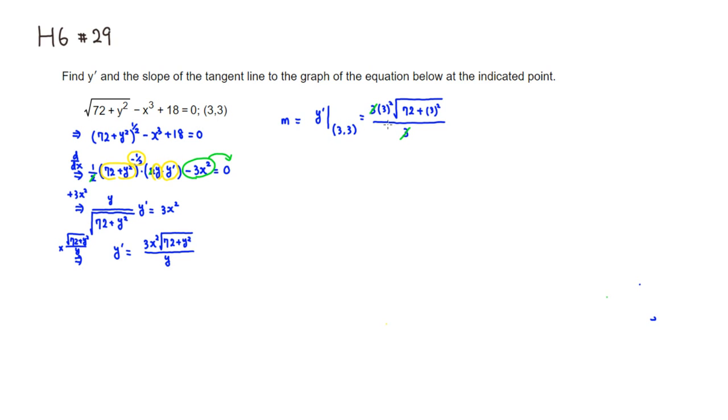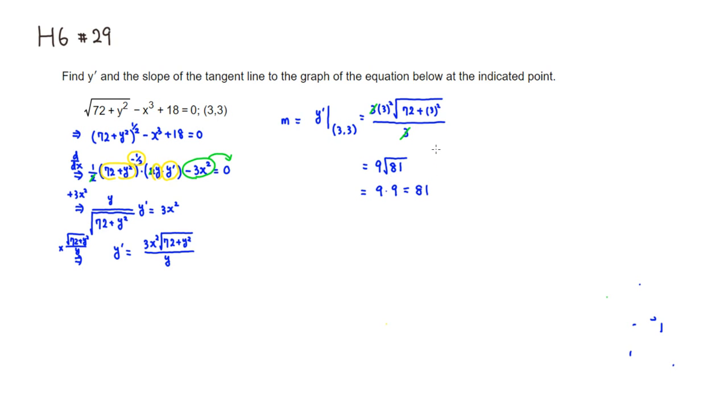Then 3 squared would be 9, and in the square root, 3 squared is 9, so 72 plus 9 would be 81. The square root of 81 is 9, so it's 9 times 9, which is 81.